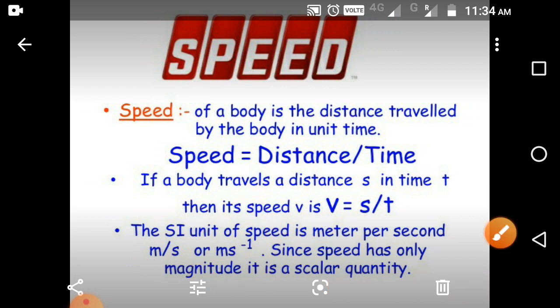In your mathematics, you studied these things. So these are the things about speed. Once again, what is distance? It is the total path length traveled. How much time it takes for the journey is measured in seconds. If you know the distance and time, we can find the third parameter, that is speed. Speed is the ratio of distance and time.